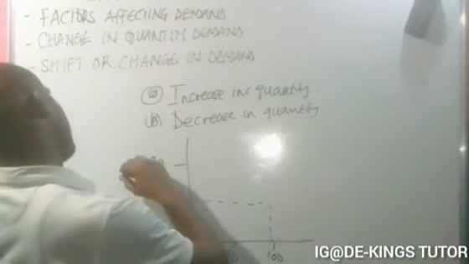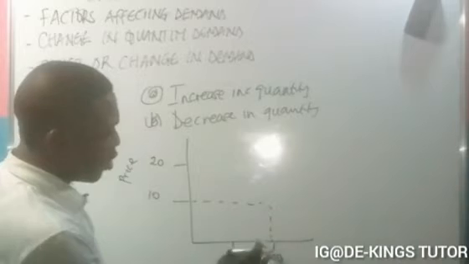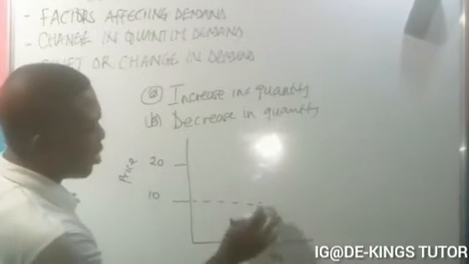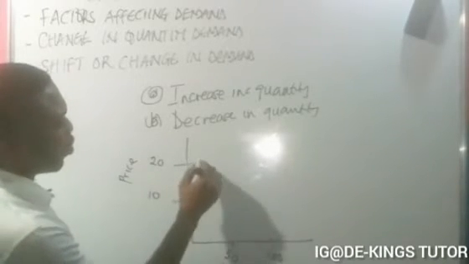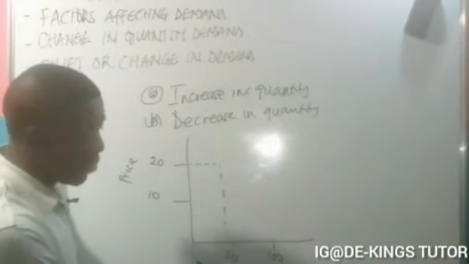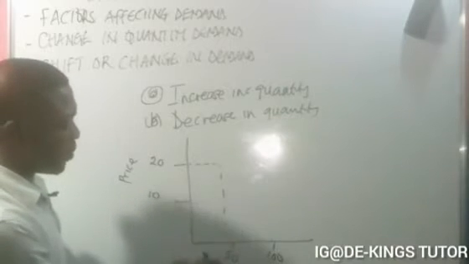Now we are illustrating increase in quantity. Let's start from this. When it is 20, they purchased 50.